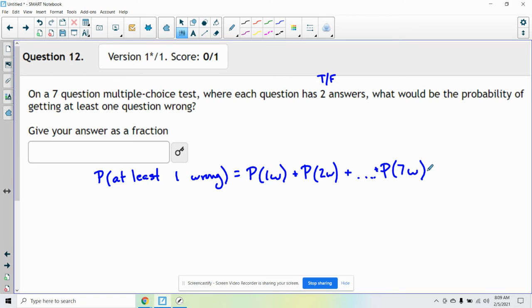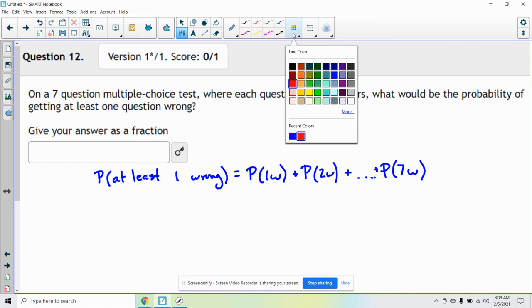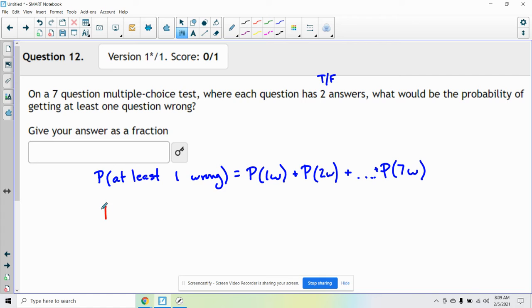It's a very time-consuming process. But I can say, let's just find the opposite or the complement. What's the probability of getting none wrong? That's the only other possibility, right? These are all the possibilities except the probability of getting 0 wrong, which is what I'm going to find here.